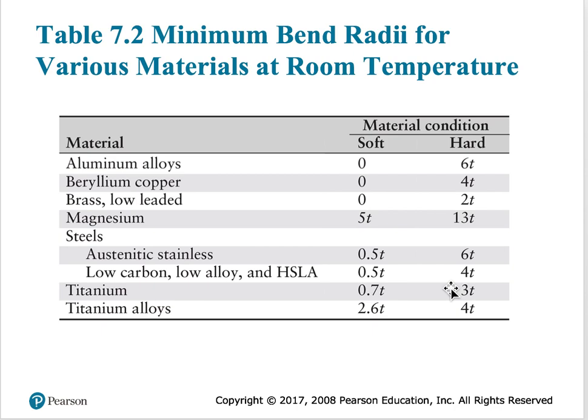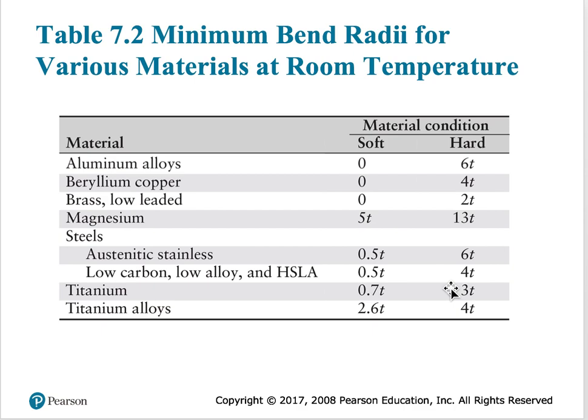So you should be able to calculate the true strain, and from that you should be able to incorporate the bend radius and the thickness into that equation. So the true strain is related to the radius and the thickness, and you should be able to calculate those things.